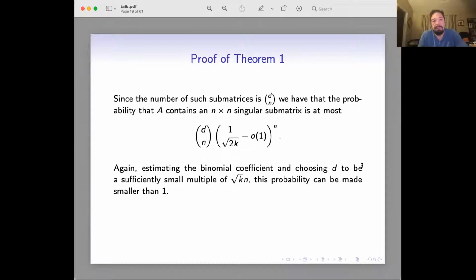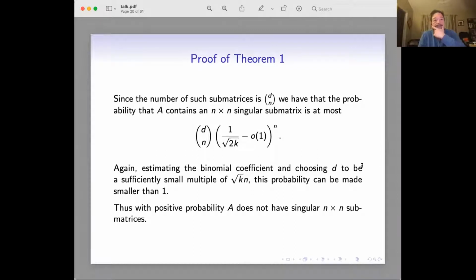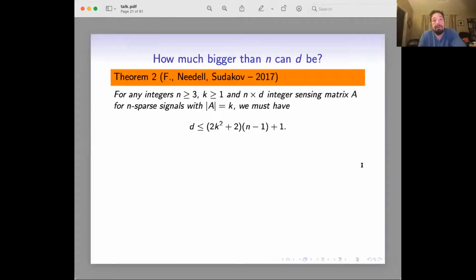That's what I'm trying to say. Okay, great. So that's our first theorem.